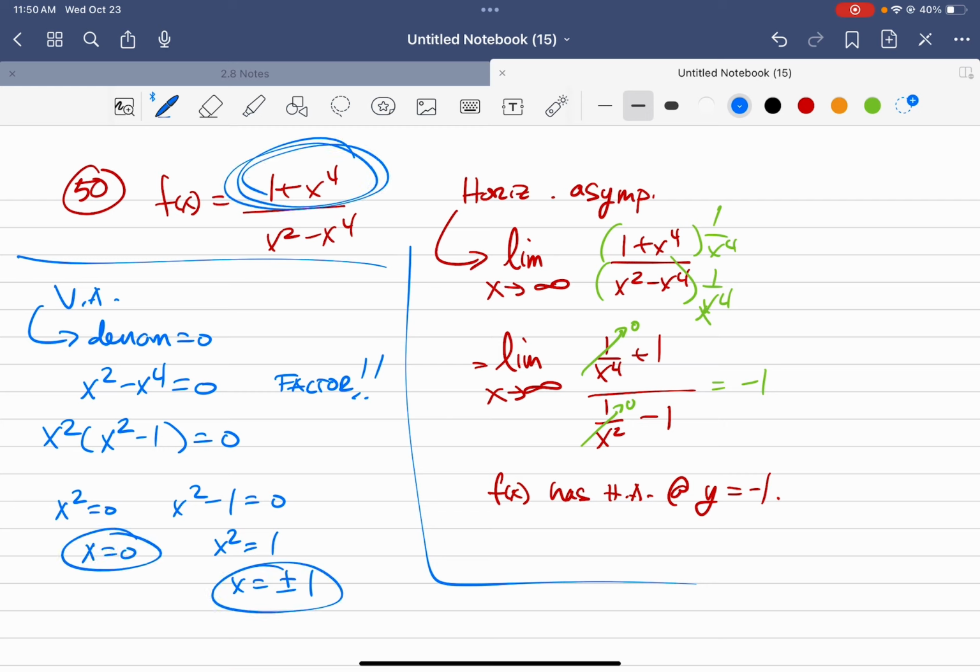Since this cannot factor nicely, these are never going to be common terms with the numerator. So f of x has vertical asymptotes, not holes, at 0, negative 1, and 1.